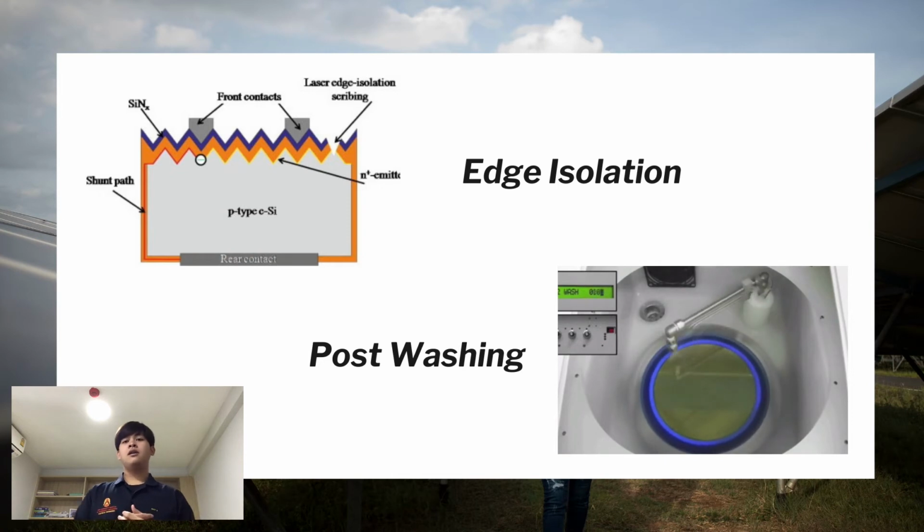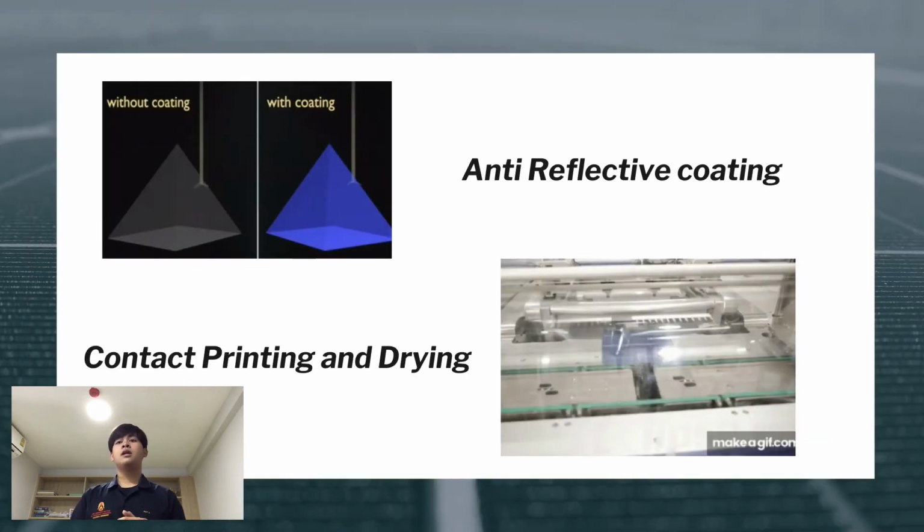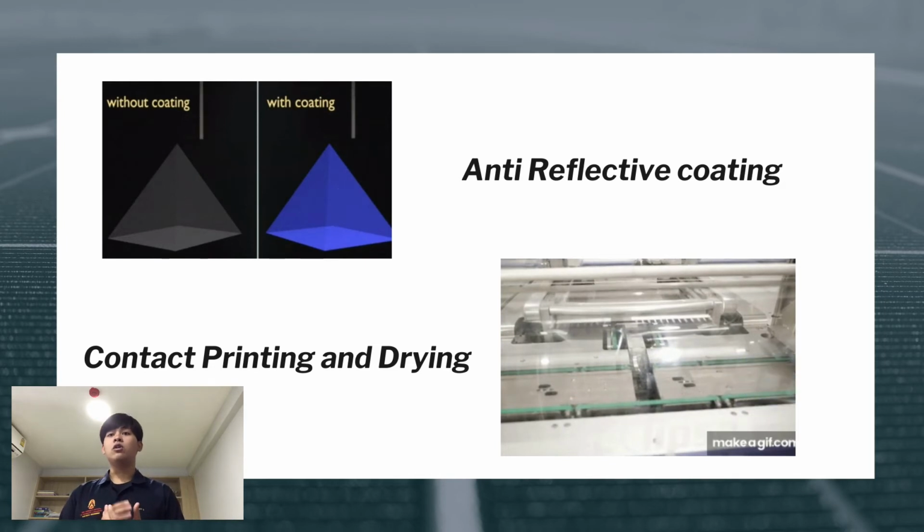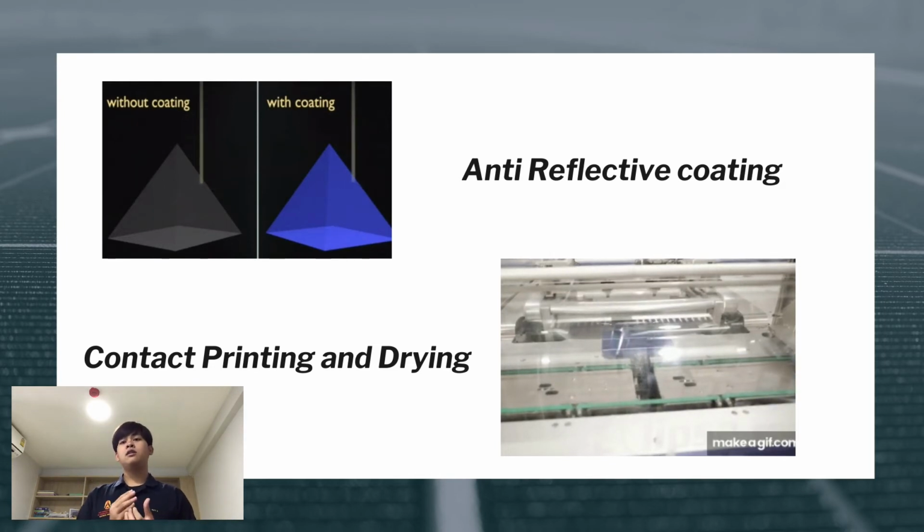Next, a second washing to remove particles on the surface again. Then, depositing an anti-reflective coating on the surface to reduce reflected light and increase the amount of light absorbed into the cell.